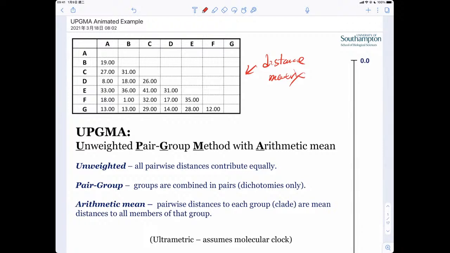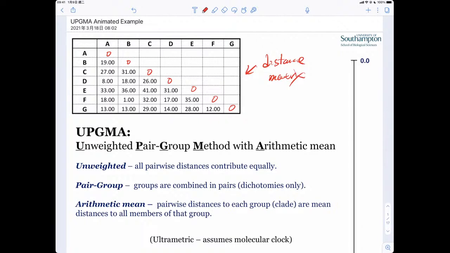As I mentioned before, when you make a distance matrix, the diagonal should be 0 because the distance between A and A, B and B, C and C, D and D, E and E, F and F, and G and G should be 0. And it should be a symmetric matrix, right?